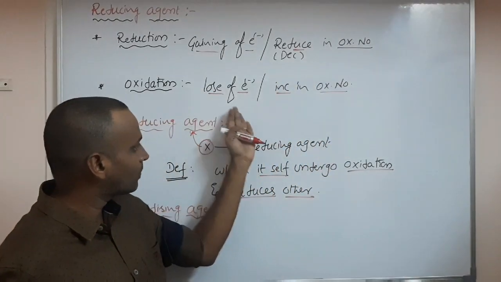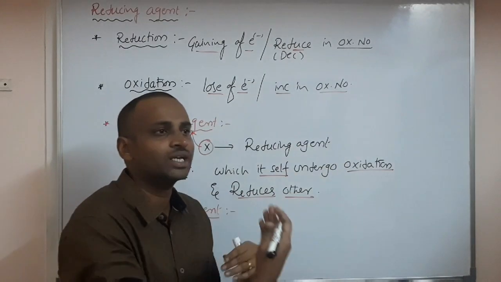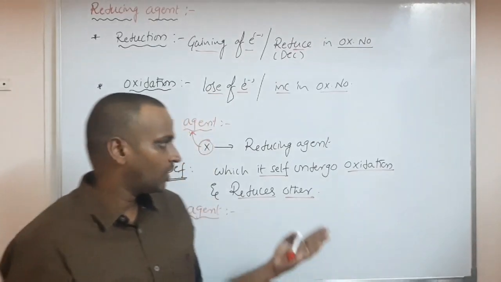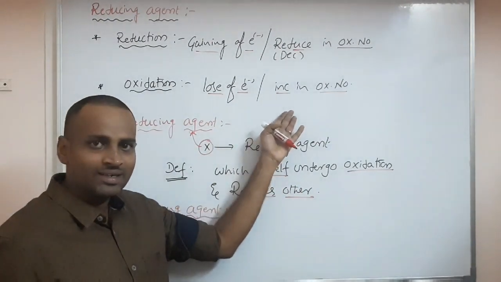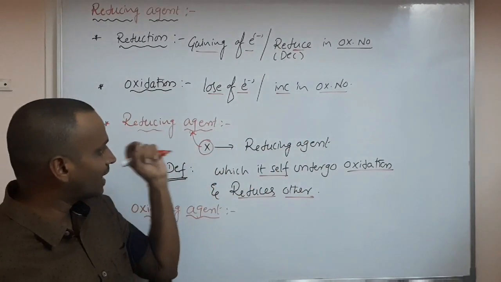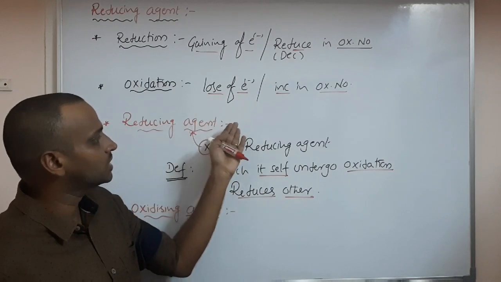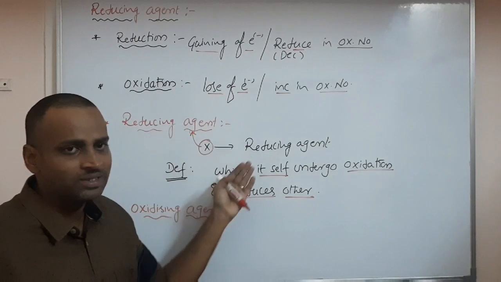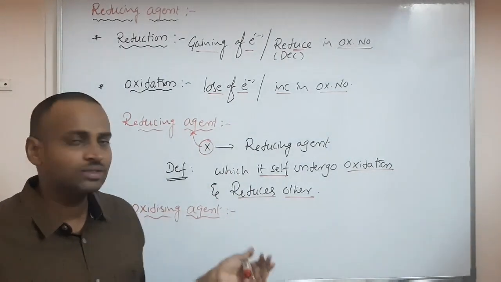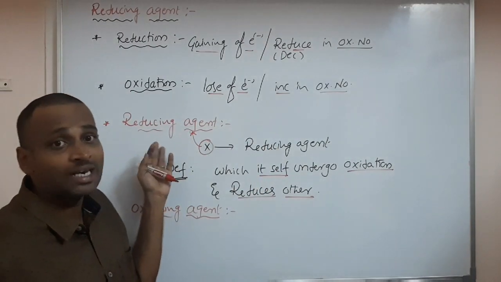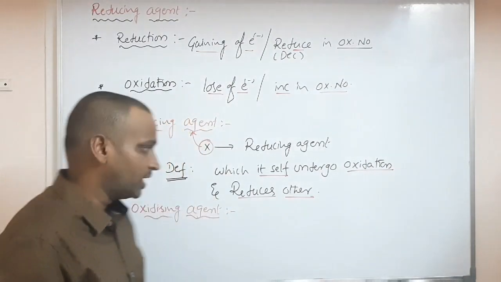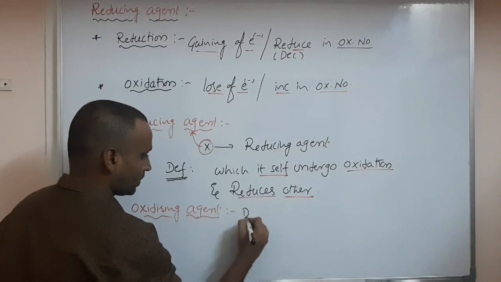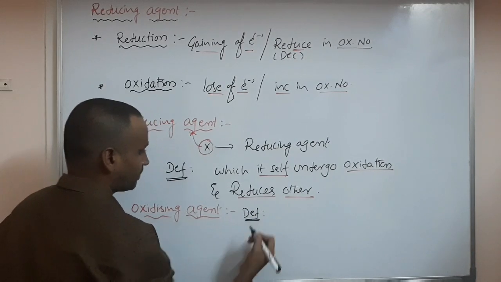Whether the oxidation state of a particular atom increased or decreased from reactants to products is very simple to find. So if an atom's oxidation state increased, that species is undergoing oxidation and can be a reducing agent. An oxidizing agent means the reverse. You can write the definition now. It is very simple.